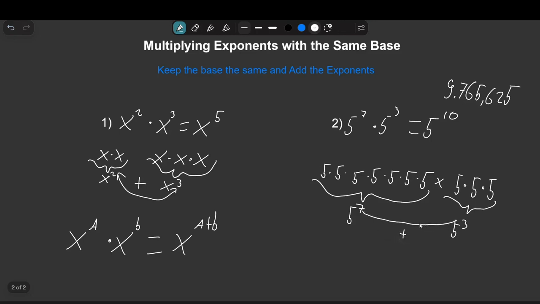The two exponents, we have to add the two exponents together. So we know we have to add these two together. And then we get our final answer, which is 5 to the power of 10, which is 9,765,625.